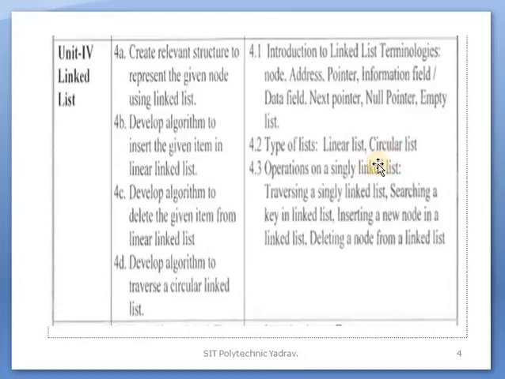But in a doubly linked list, no question is asked, though it is a type of list. Not 99% likely to be asked, but in case a question is asked, at minimum the concept should be clear: what is meant by doubly linked list.